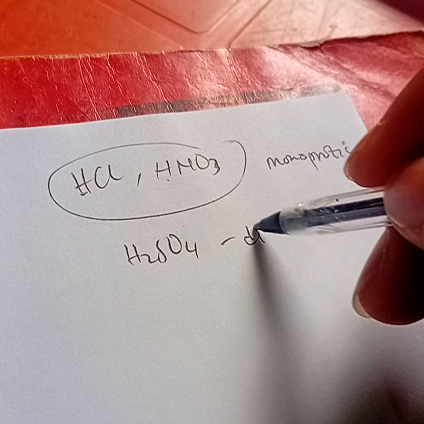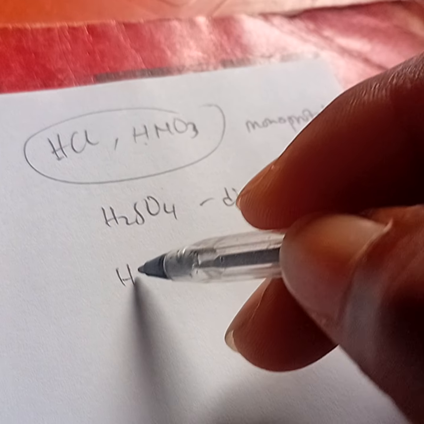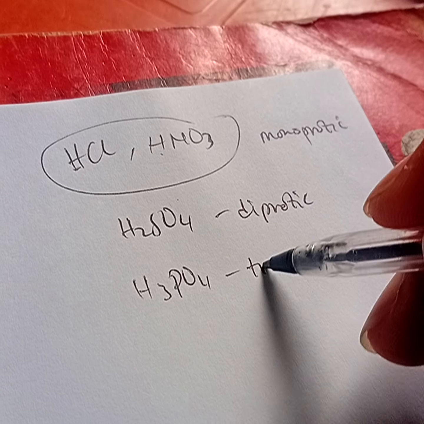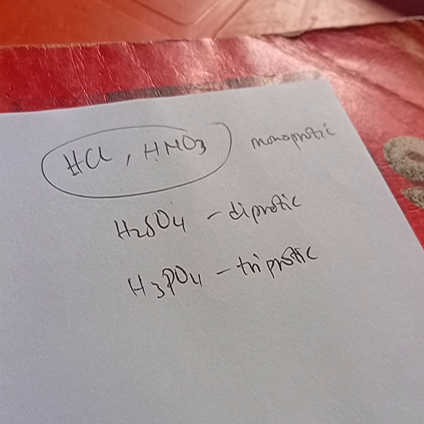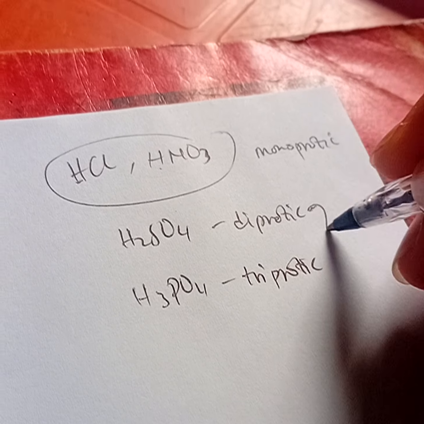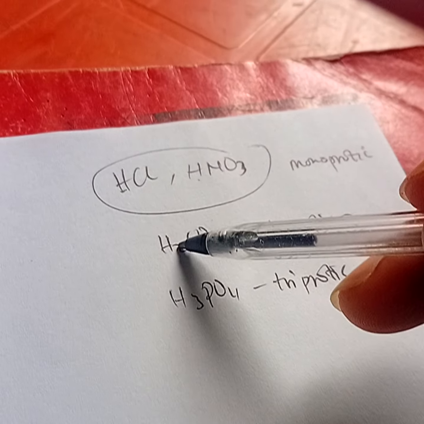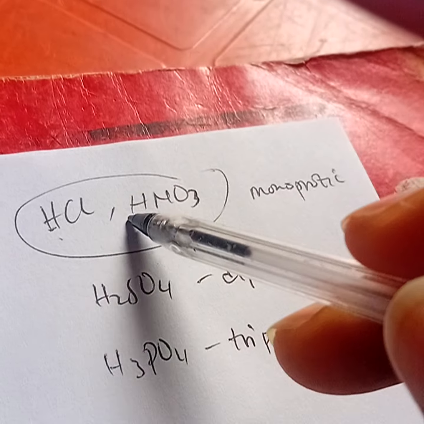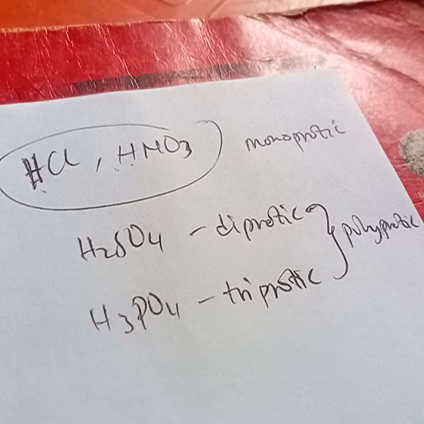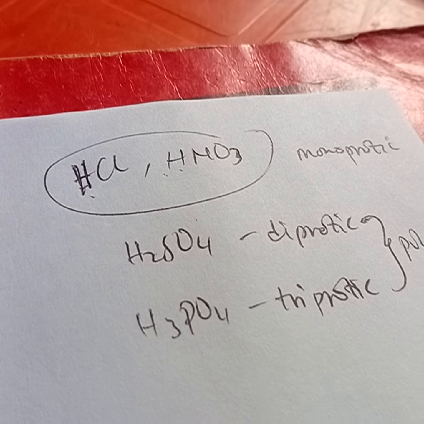H2SO4 is diprotic. H3PO4 is triprotic, in that order. If you have two or more hydrogens, then you are polyprotic. But if you have only one acidic hydrogen, then you are monoprotic.